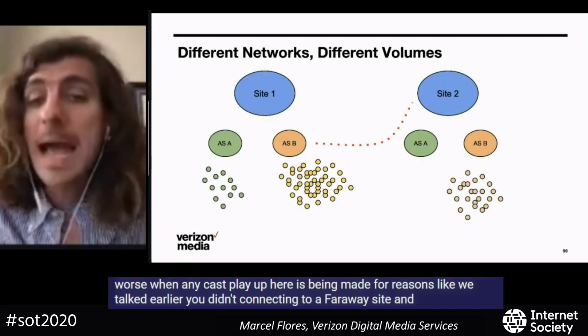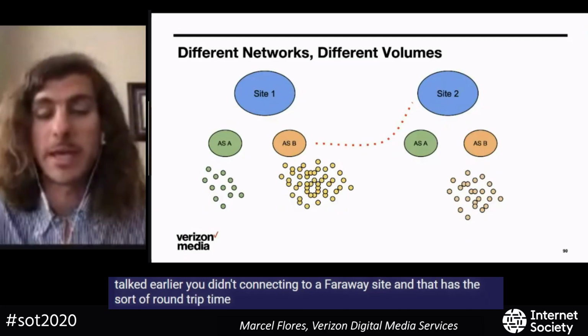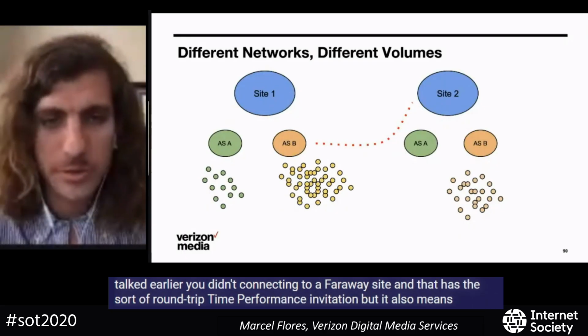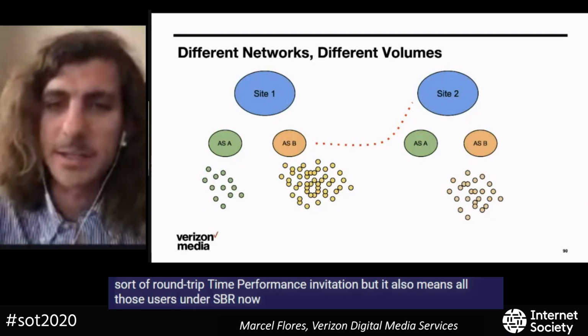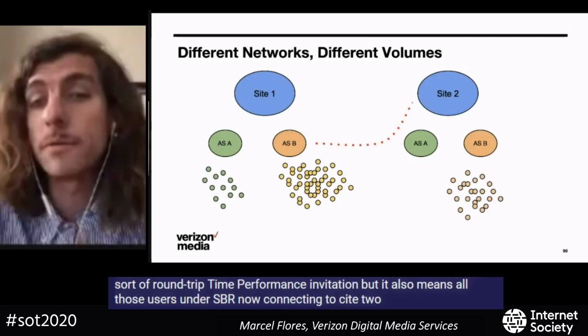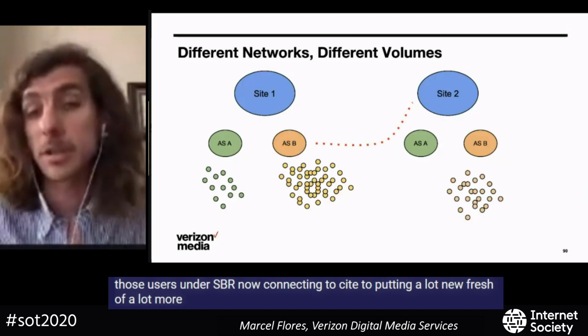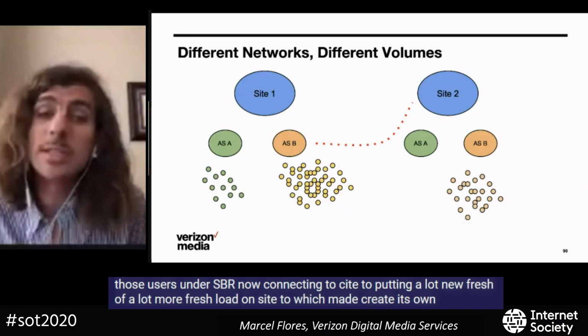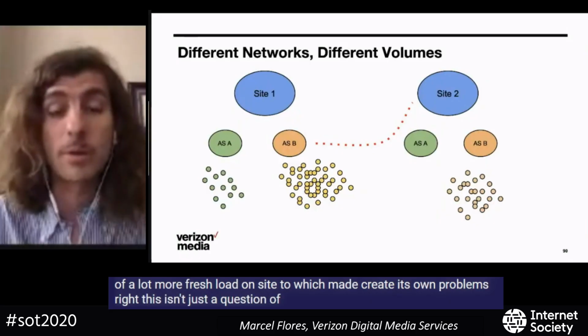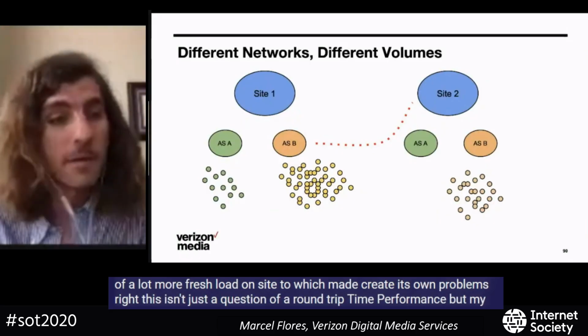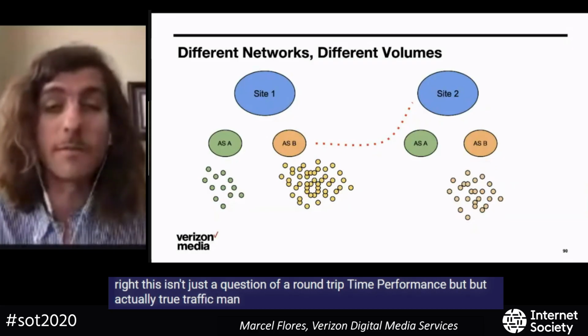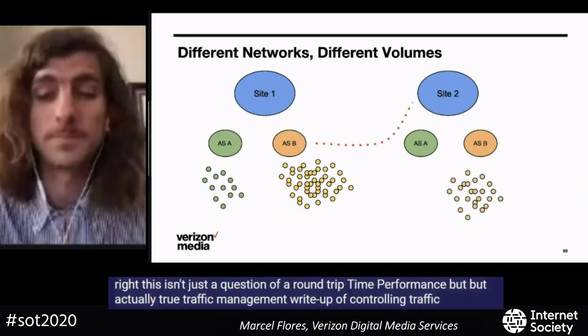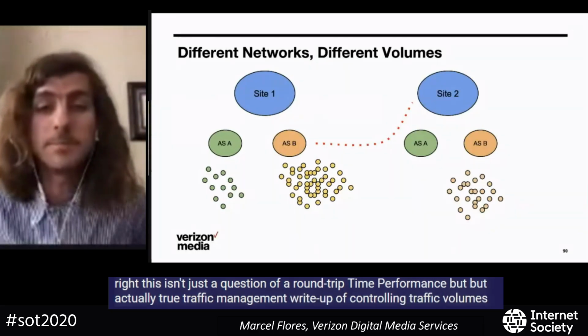And that has round trip time performance implications, but it also means all those users under ASB are now connecting to site 2. And that's potentially putting a lot more fresh load on site 2, which may create its own problems, right? So this isn't just a question of round trip time performance, but actually of true traffic management, right? Of controlling traffic volumes.